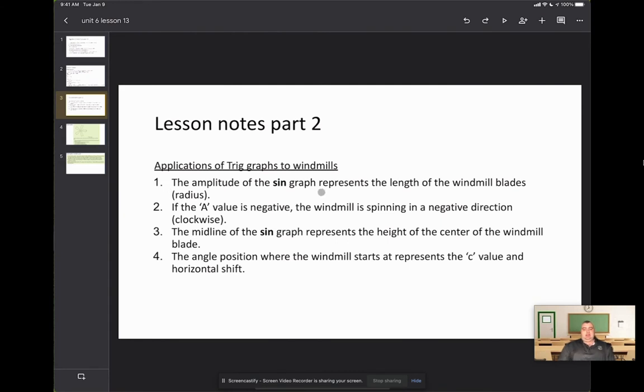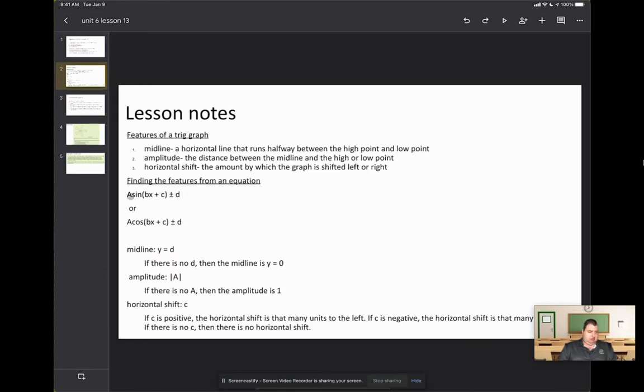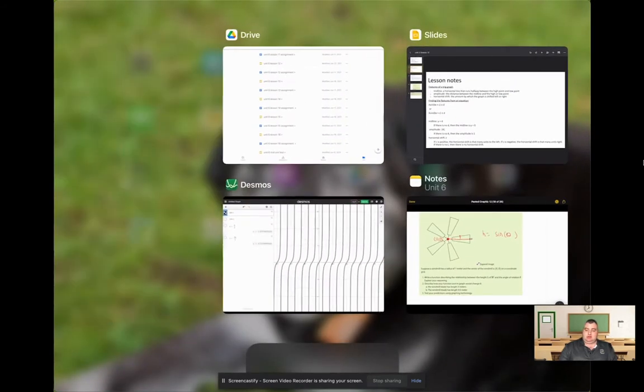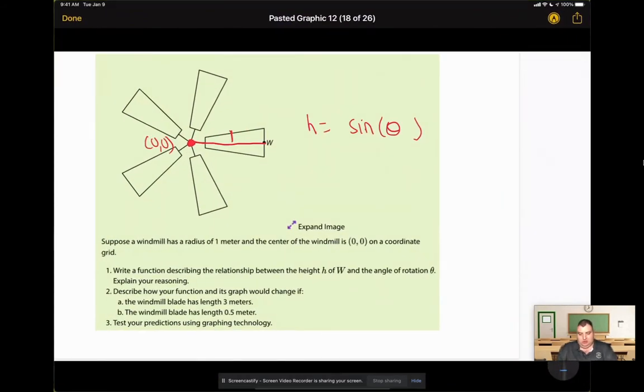So the radius, or the length of the windmill blade, tells me the amplitude. In other words, the amplitude is 1. That's going to be the number that goes in front of sine. So I'm going to put a 1 in front of sine because the radius is 1 and thus the amplitude is 1.